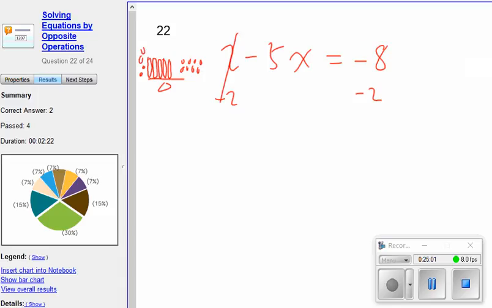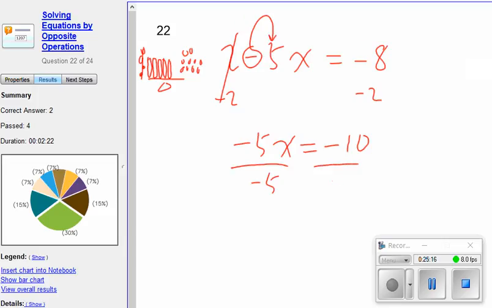If I was modeling, I would put a negative 2 on both sides. And I'd be left with negative 5x is equal to negative 10. This negative sign stays with the coefficient. Then I would divide both sides by negative 5, and x would equal a positive 2.